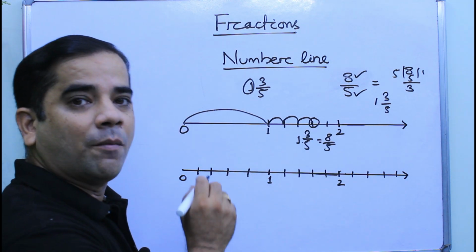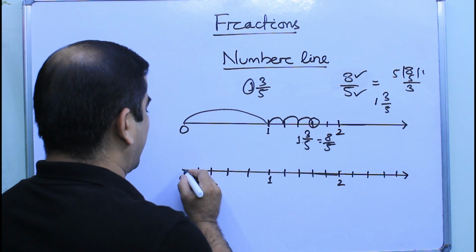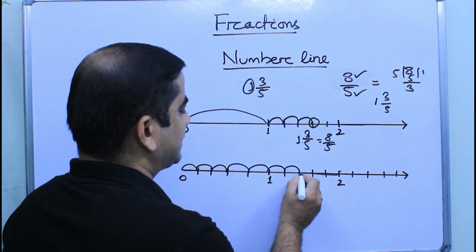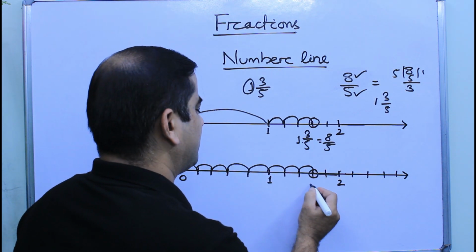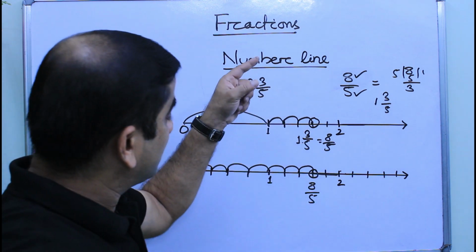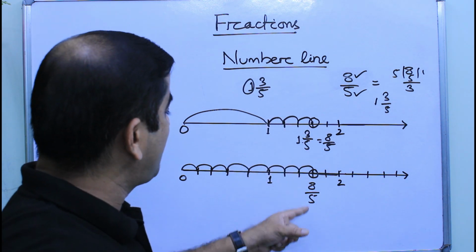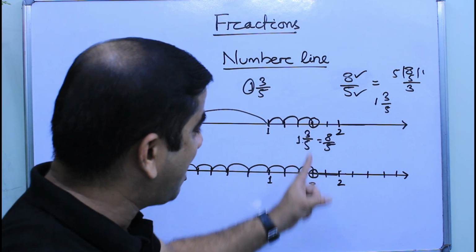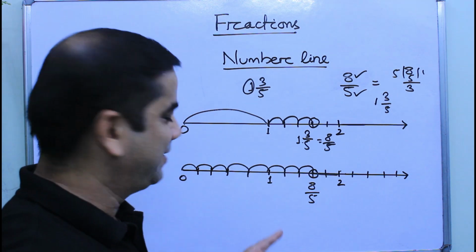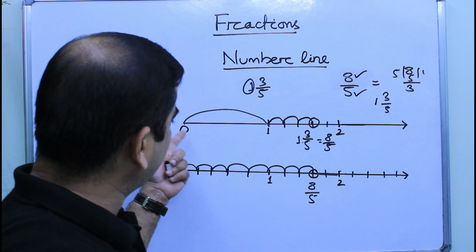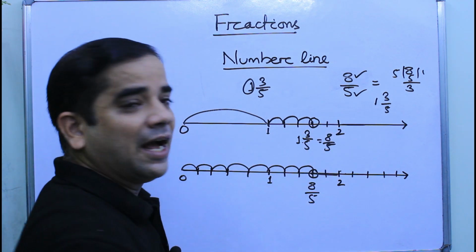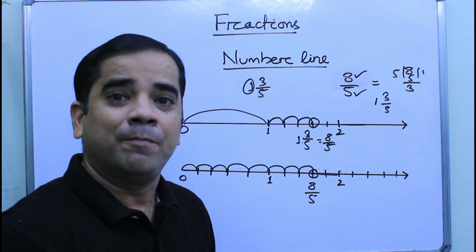So we need to count from 0 and take 8 parts. 1, 2, 3, 4, 5, 6, 7 and 8. So this is nothing but 8 by 5. Now you can clearly see in both the cases 8 by 5 lies at the same place. See, 1 whole 3 by 5, that is 8 by 5, and this is also 1 whole 3 by 5. At the same position they lie on the number line.